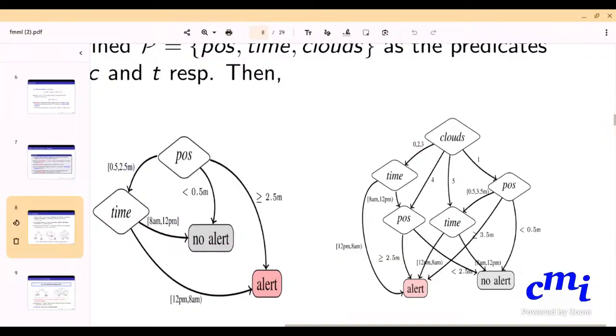Which means if clouds is 0, 2, or 3, it is true. When is the clouds predicate true on its value? Here I define clouds as multi-valued. All of these are multi-valued predicates, so they do not necessarily take just 0 and 1 binary values. They can take multiple values.